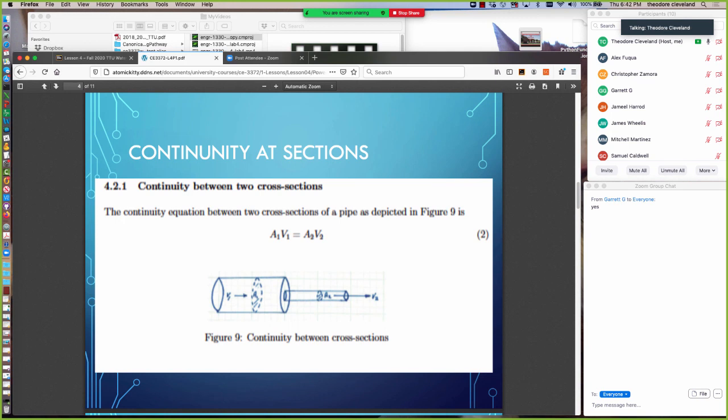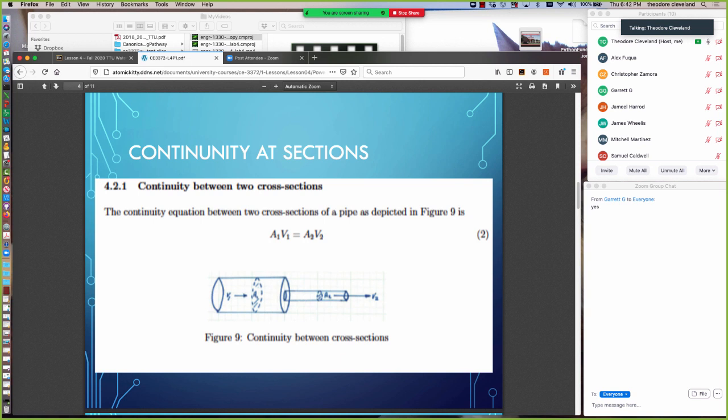The next concept to refresh our memories is the concept of continuity or conservation of mass. In this drawing, we have two pipes that are connected to one another. The one on the left is larger diameter than the one on the right, and there are no leaks in this system. Thus, the conservation of mass statement is that the discharge in the left portion, Q1, is equal to the discharge in the right portion, Q2, so the Q doesn't change.